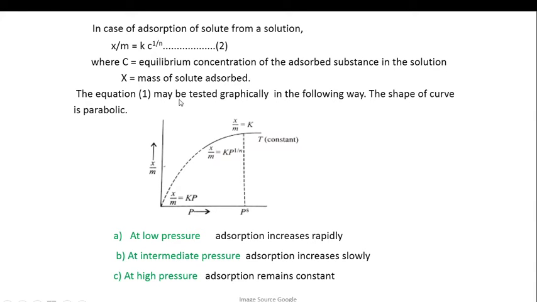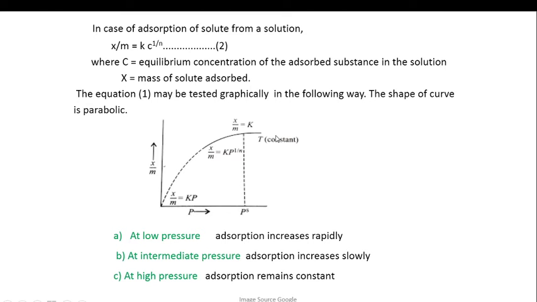Plot the graph of x/m versus pressure P. The nature of the graph is approximately parabolic.